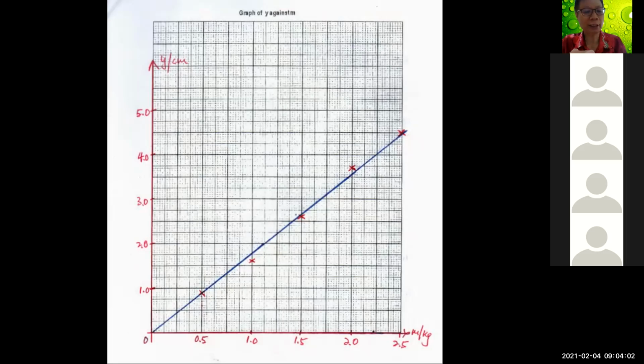This one is Adeline Lim. Yeah, your graph is not the best graph, you know. Maybe you do like this lah.